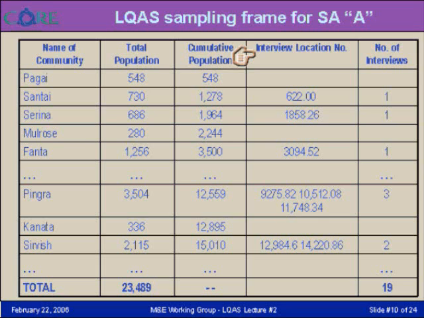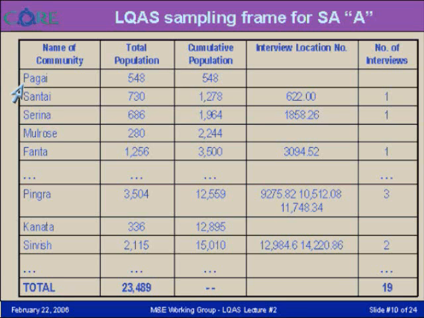And then with all this information, we are ready now to identify out of all the communities in supervision area A, for our example, which ones will be picked randomly to be interviewed.